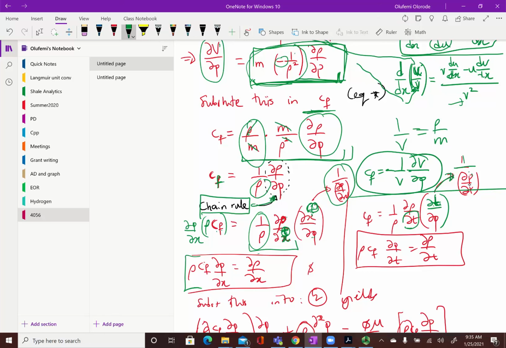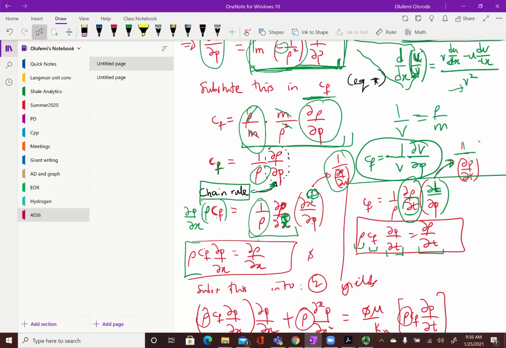So you can multiply both sides by dp dt times rho to give you rho dp dt times cf, and you're left with only this term because this goes away. And now you have expressions for the rho dx, the rho dt, the derivative of density with respect to space and with respect to time.